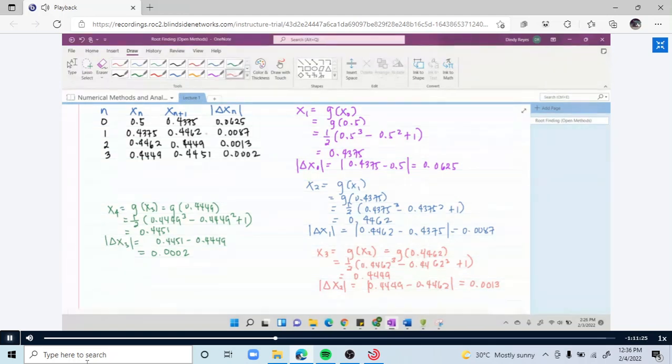Okay, and then x sub 5 is actually g of x sub 4, which is g of 0.4451. Okay, so it's 1/2 of 0.4451 cubed minus 0.4451 squared plus 1. I think the answer here is 0.4450.